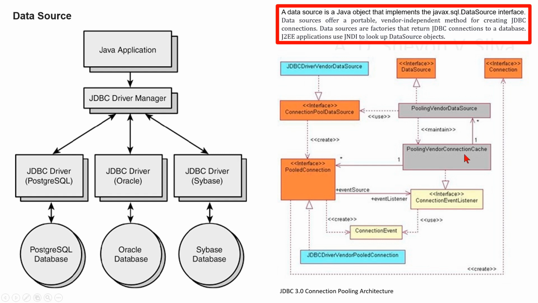If one is available, it is used. If the pool connection object is not available, the JDBC driver vendor's connection pool data source creates a new pool connection object. In either case, a pool connection object is made available.